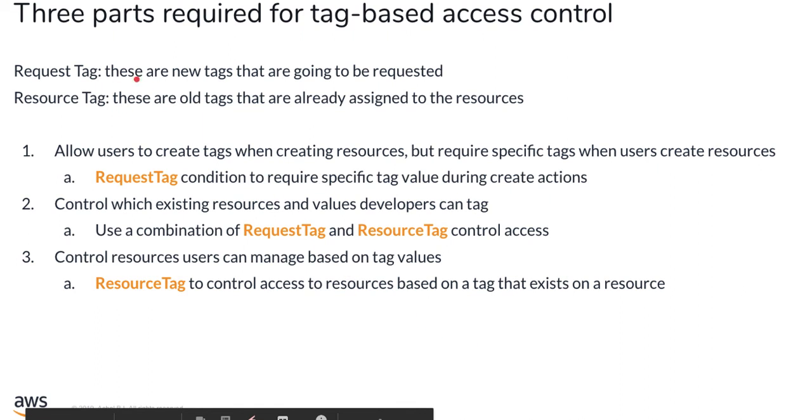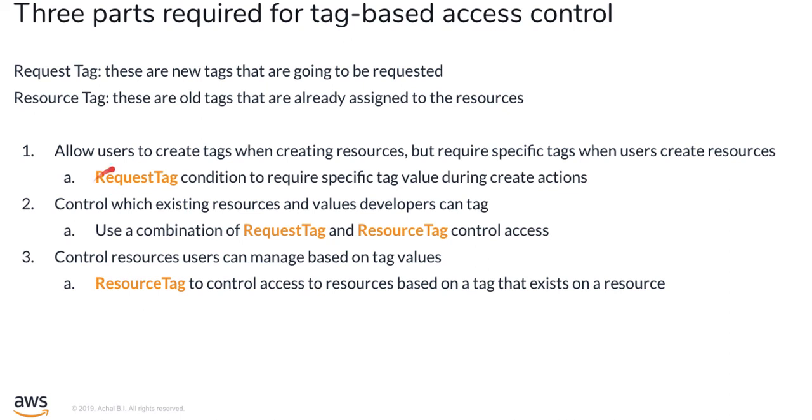Request tags are new tags that are going to be requested, and resource tags are the old tags that are already assigned to the resources. That is the difference between request tag and resource tag. You're requesting a new tag to be allocated.